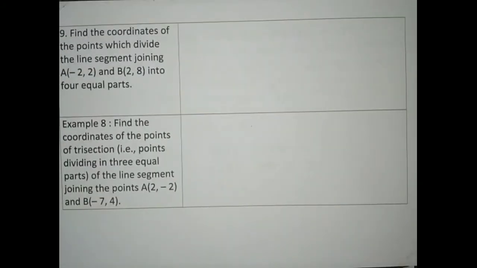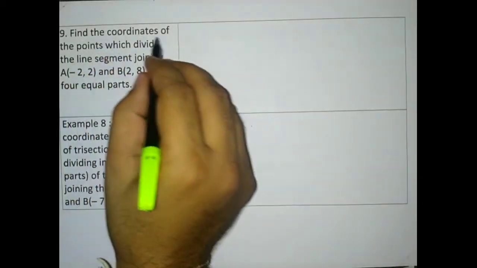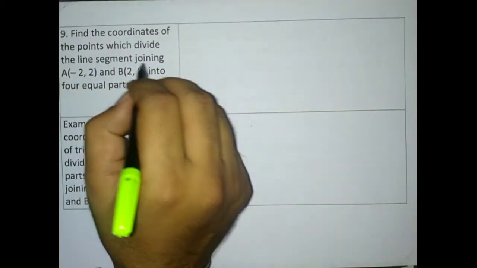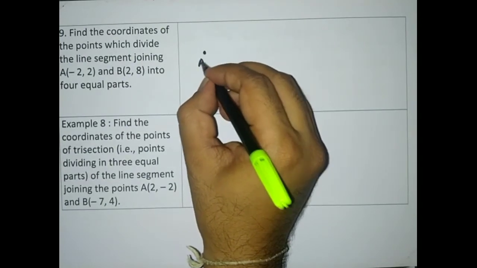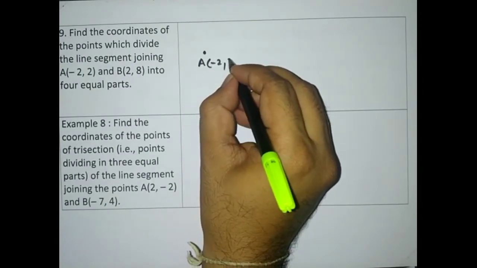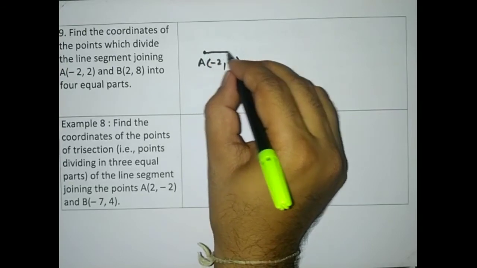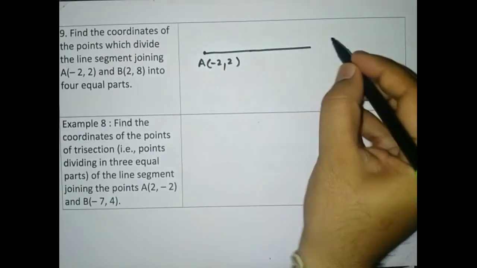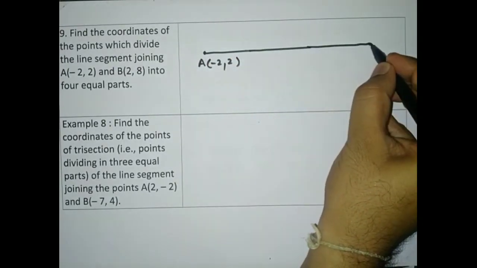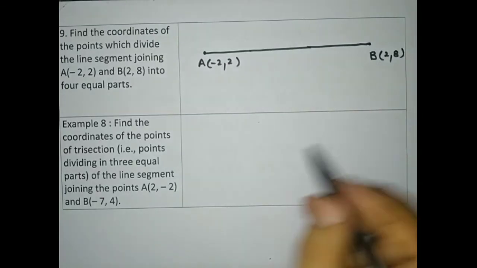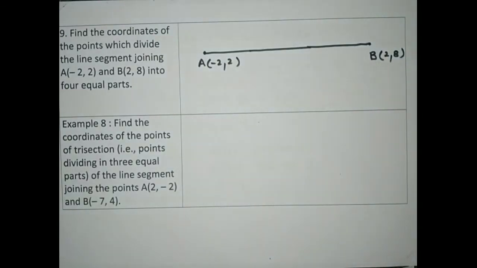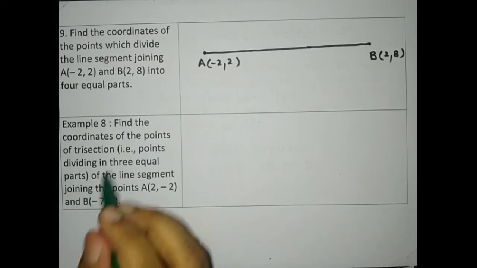Come to question number 9. It says find the coordinates of the points which divide this line segment into 4 equal parts. Now how can the midpoint formula help us in finding those coordinates? First of all, we must know how many points will divide this line segment into 4 parts. There will be 3 points.